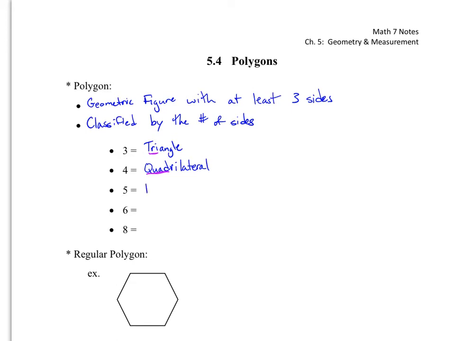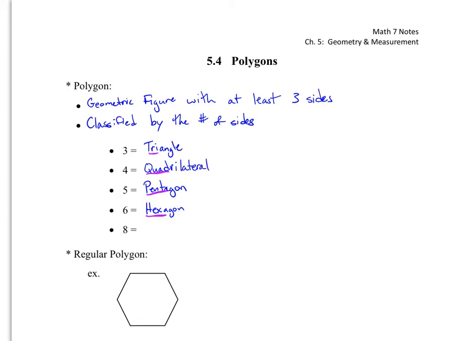Pentagon. Penta means 5. 6-sided figure. Hexagon. Hexa means 6.